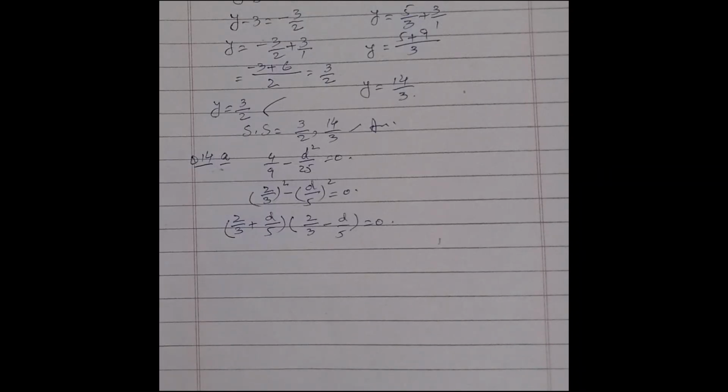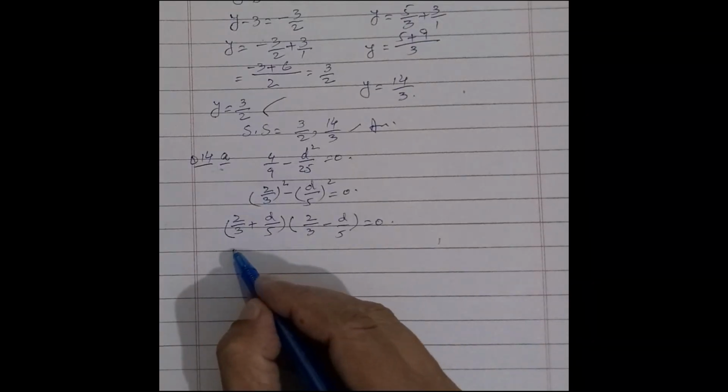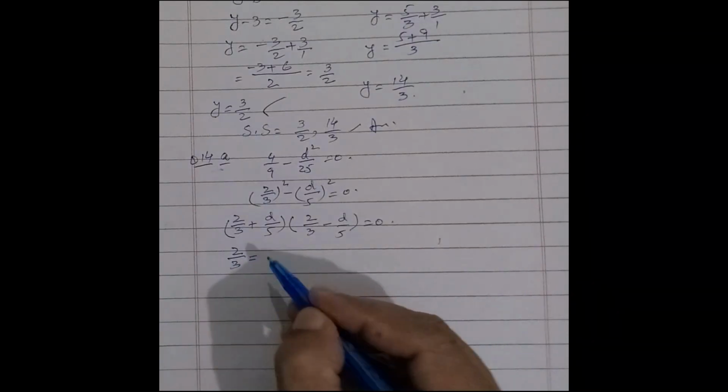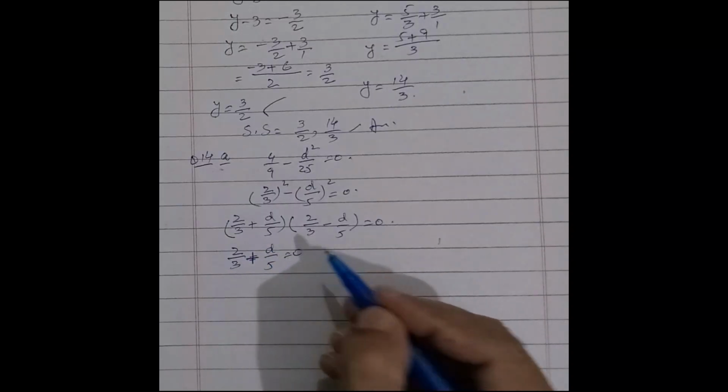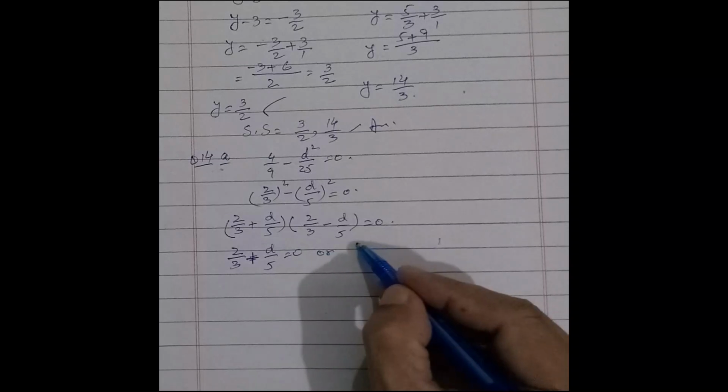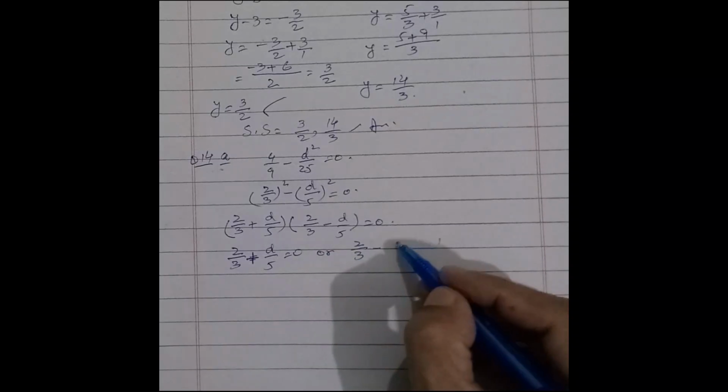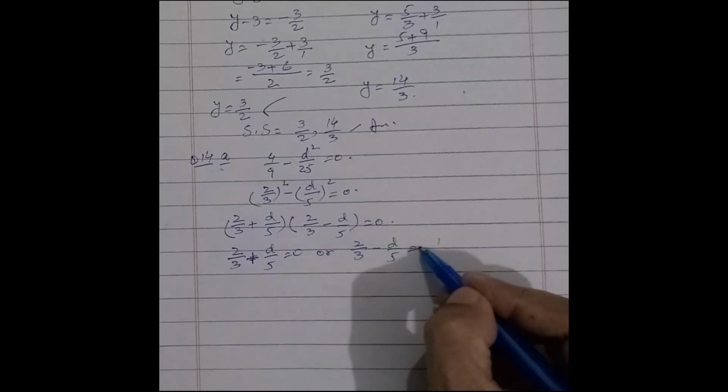Now simplify these values. We get 2 over 3 plus d over 5 is equal to 0, or 2 over 3 minus d over 5 is equal to 0.